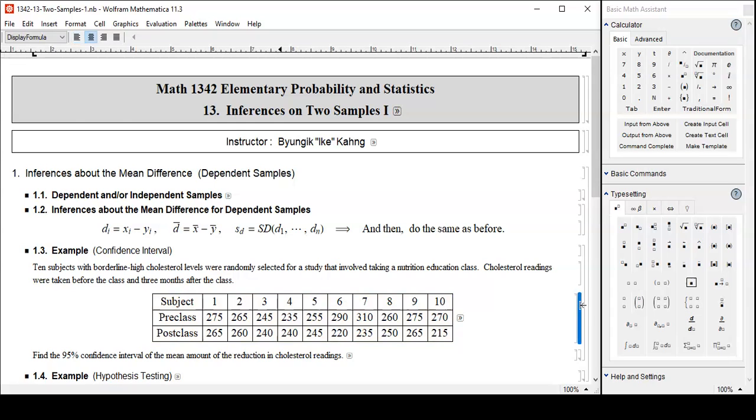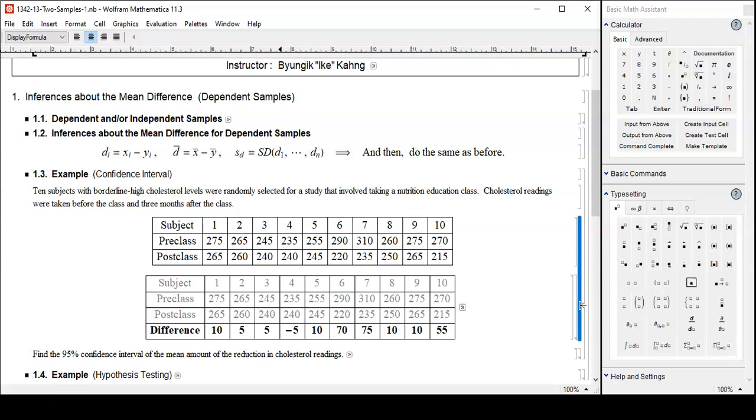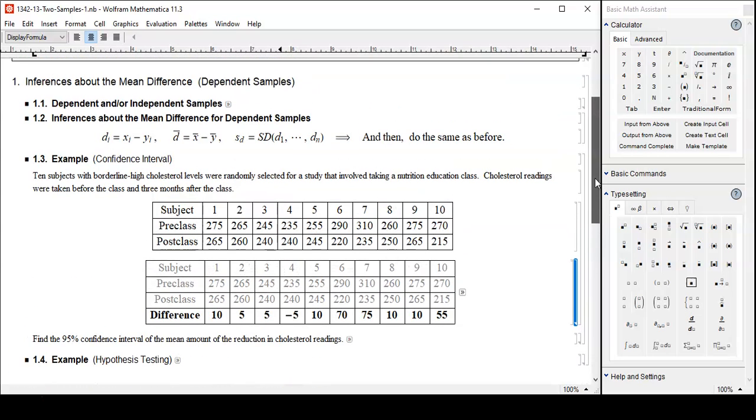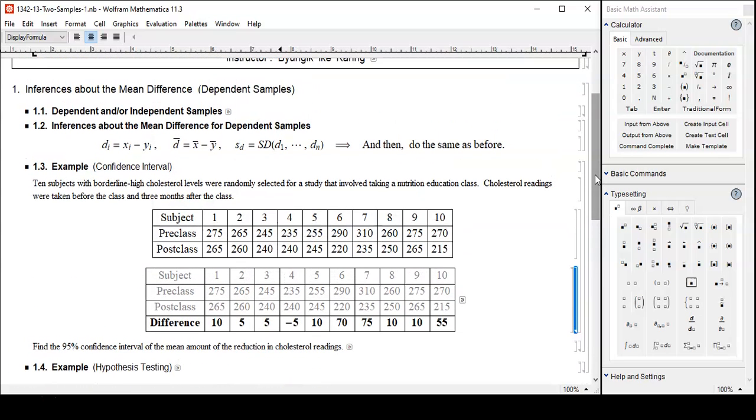Now in this case, we can simply take the difference between one and the other. And in this case, we took the difference pre-class minus post-class, and we can go the other way around, post-class minus pre-class, we can do that too. Either way it works out. Just the difference is a sign.